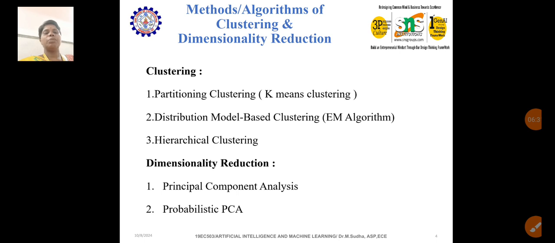In clustering, we have partitioning clustering, also named k-means clustering; distribution model based clustering, that is the EM algorithm, EM meaning expectation maximization; and also hierarchical clustering. These are the basic algorithms in the clustering category. Under dimensionality reduction, we have principal component analysis and probabilistic PCA, that is probabilistic principal component analysis.